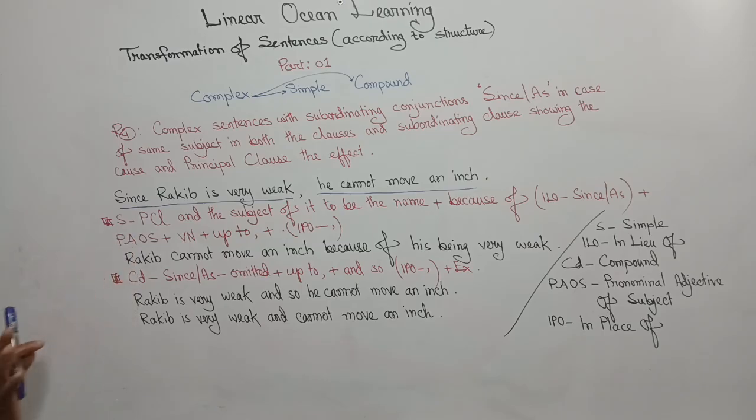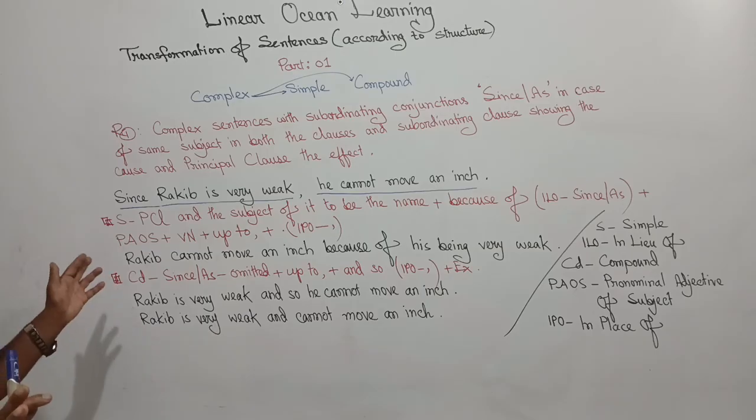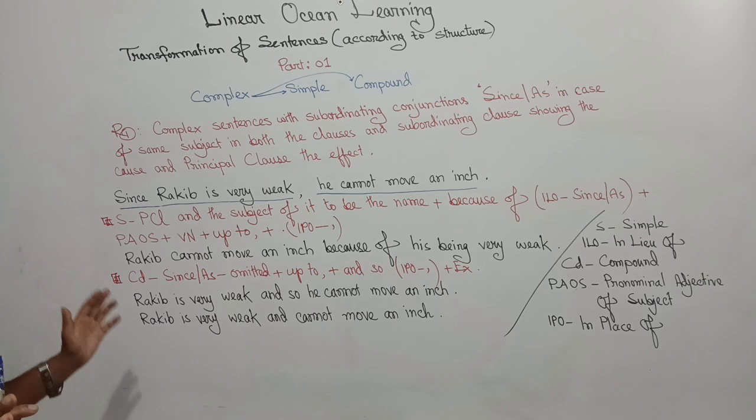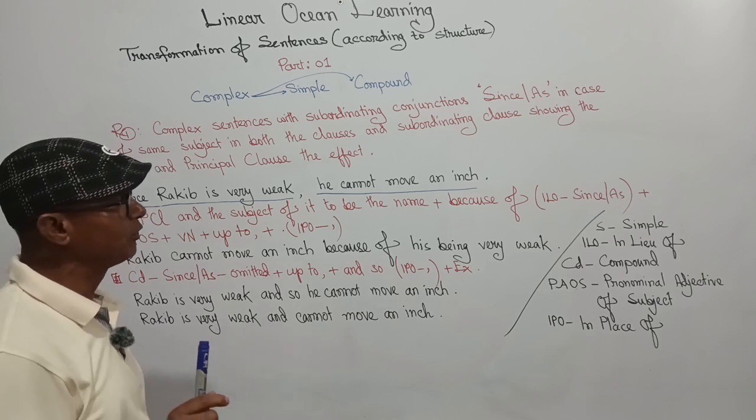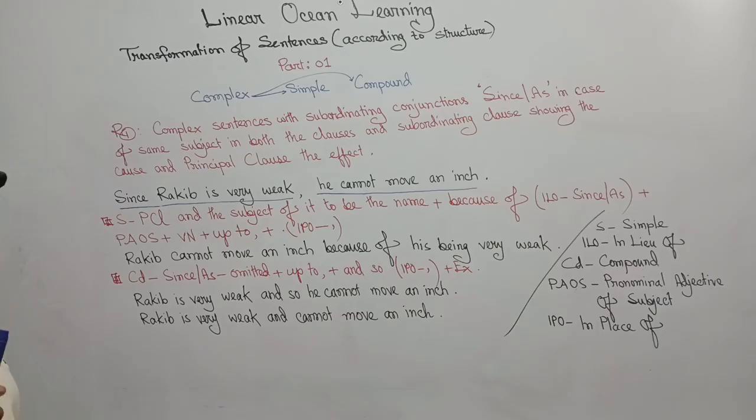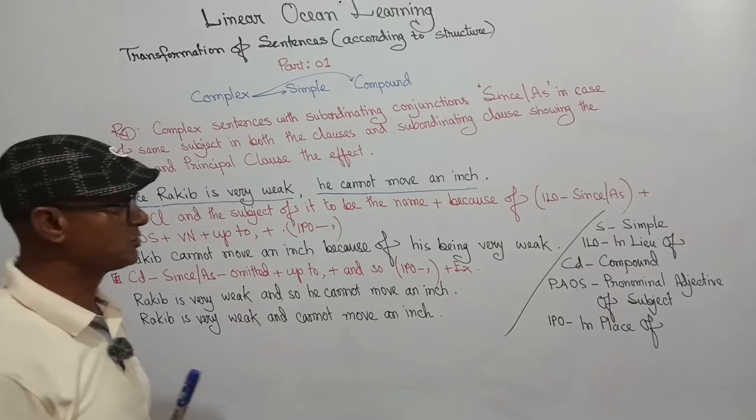sentence, viewers, before I go for the function of transforming complex sentences to simple and compound, I want to make one thing clear to you, that is, I will be using some abbreviations, and you should know their elaboration.